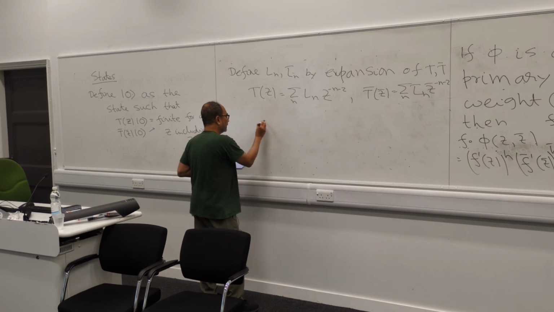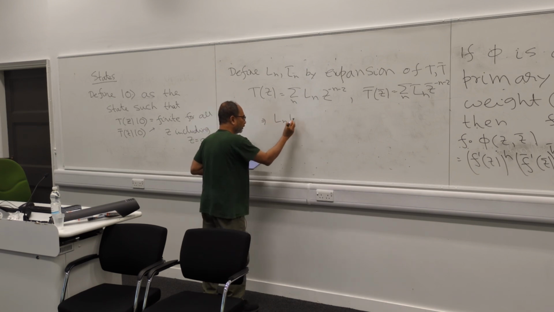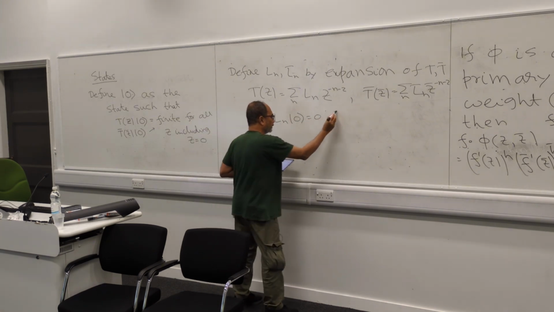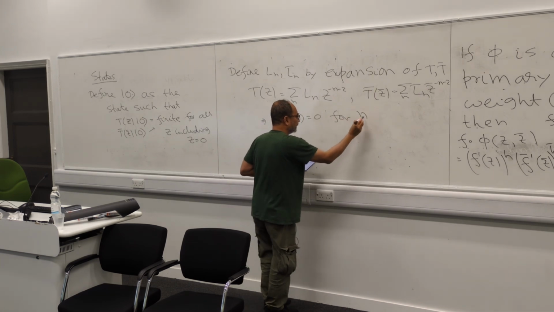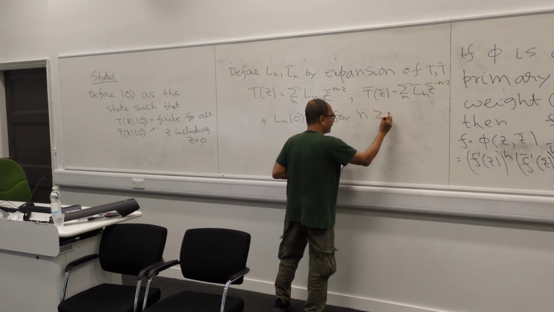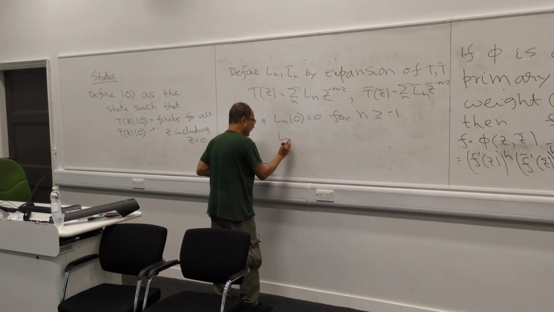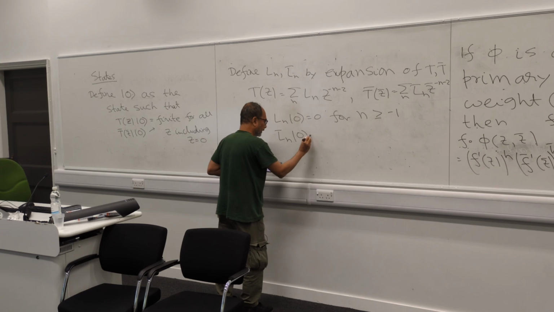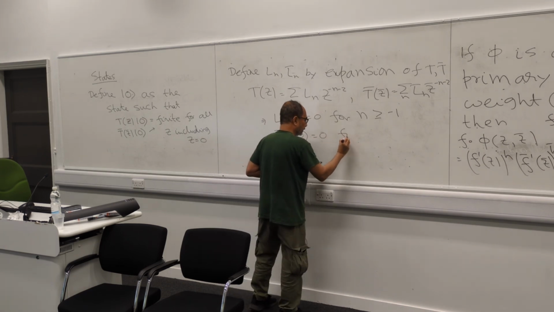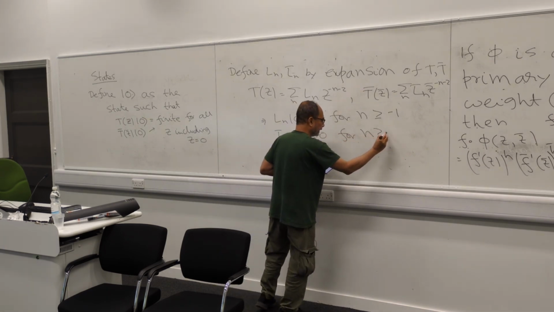This implies that L_n acting on the vacuum should be 0 for n greater than or equal to minus 1, and similarly L_n bar acting on the vacuum equal to 0 for n greater than or equal to minus 1.